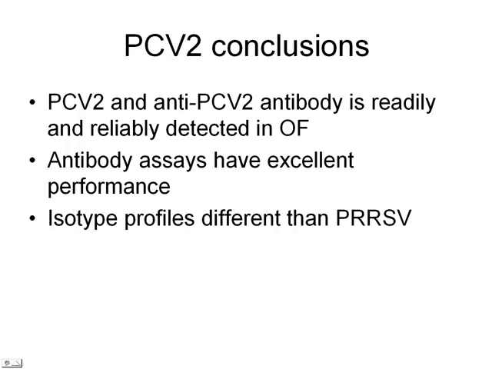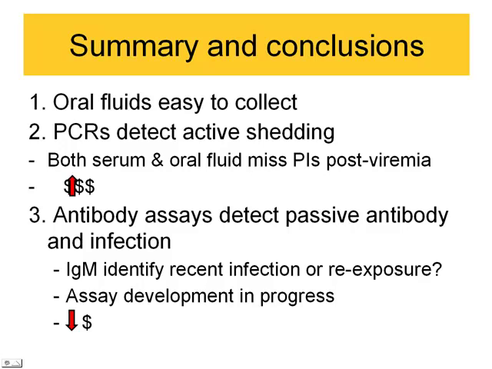And some more broad conclusions. I didn't see the video, but oral fluids are easy to collect, and the pigs do like it. Obviously, a lot more than collecting serum. We can use PCR to detect active shedding, but we also have to keep in mind that both with serum and oral fluid, with the PCRs, we'll miss persistently infected pigs post-viremia.